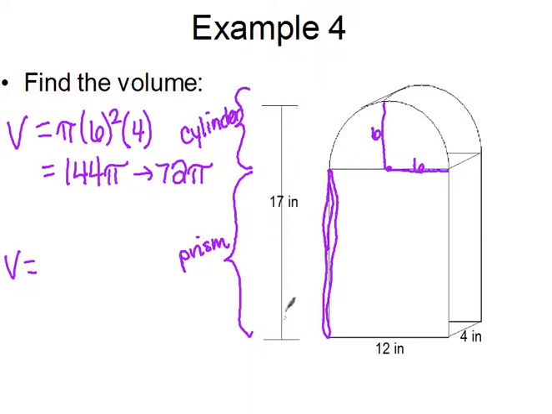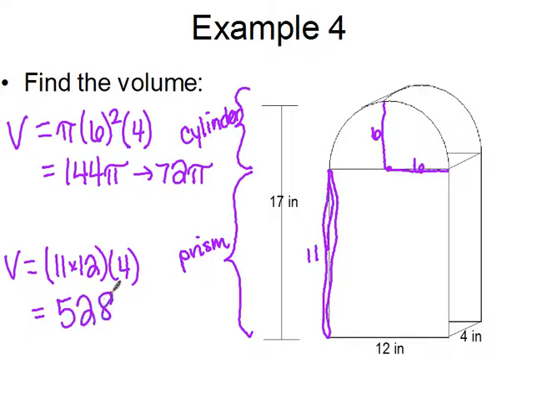So then out of the 17, there's 11 left. So then we can do area of the rectangle times the height of the prism. So we'll do 11 times 12 and then times 4. Or think length times width times height, if you will. It comes out the same way, but only for rectangular prisms. So the rectangle part is 528 inches cubed.